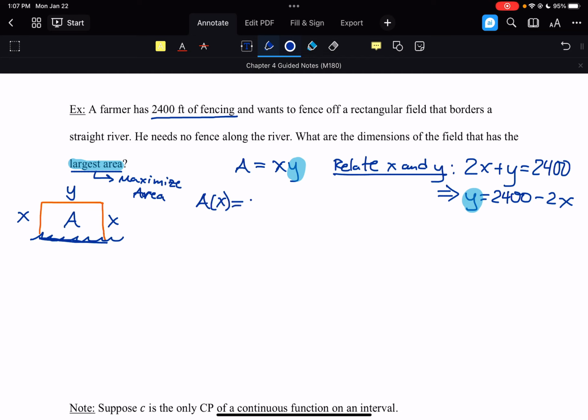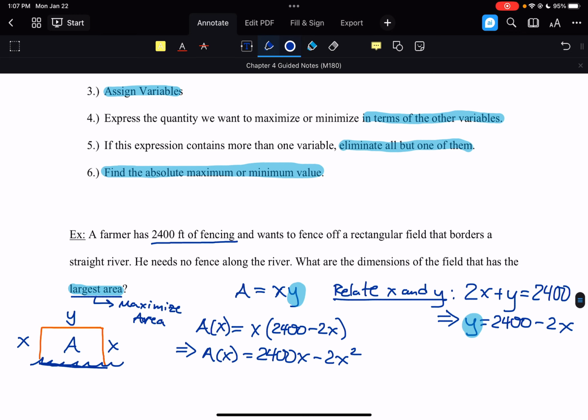That's going to be x times 2400 minus 2x. So let's go ahead and multiply that out. So that's going to be 2400x minus 2x squared.